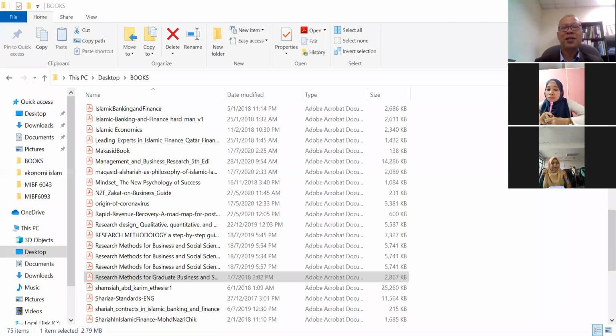Yes, very good question. Now there is a trend among PhD students to do a mixed method. A mixed method means a combination of quantitative and perhaps qualitative methods. For example, they want to combine the SAM, simultaneous equation modeling, with interview, for example.